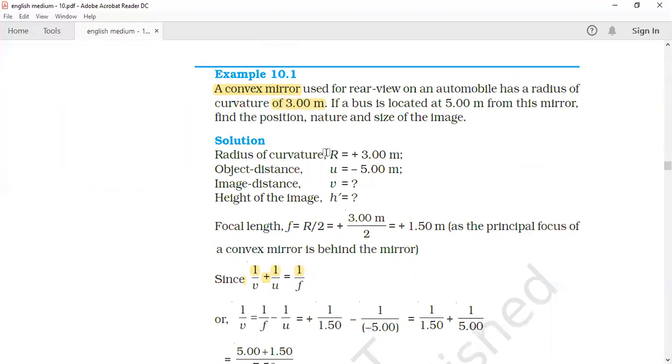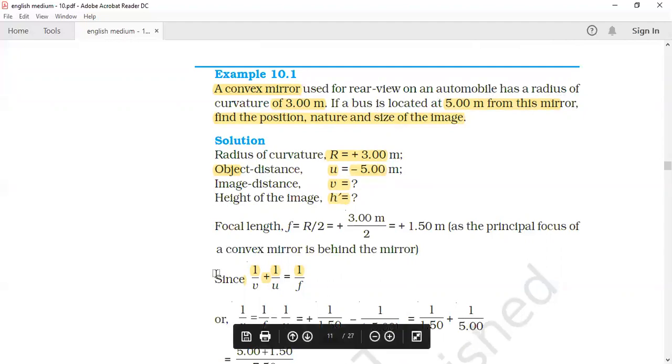So first we have the radius r as plus 3 meter. If a bus is located at 5 meter from the mirror, that means the object distance u is minus 5 meter. Why minus? Because we are measuring in the reverse direction. Find the position, nature, and size of the image, so we want the image distance and the height of the image.